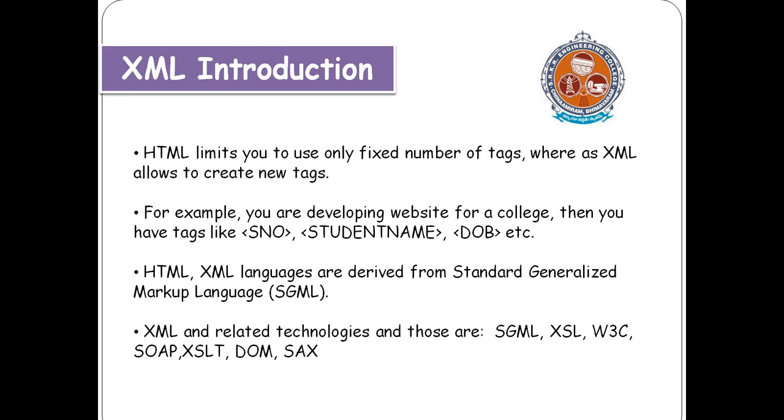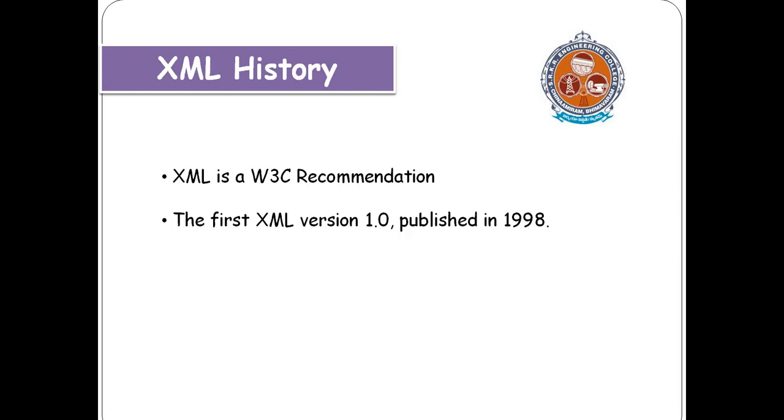HTML and XML are both derived from Standard Generalized Markup Language, SGML. Both languages are derived from this SGML. XML and related technologies such as SGML, XSL, W3, SOAP, XSLT, and DOM are used for storing and transporting data. Then XML history.